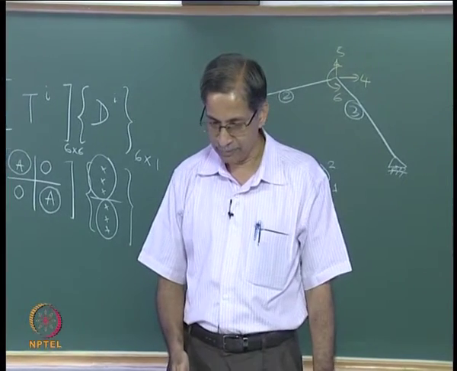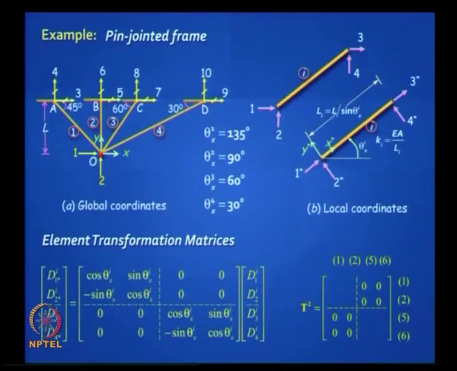Fine. How do we proceed? Now this is important. The size of this matrix is 4 by 4. There are 4 elements, so there are 4 transformation matrices, and for each of them it is 4 by 4, right. So if you take, for example, this element 2, we want to fill here and here, but we can straight away mark the linking global coordinates.